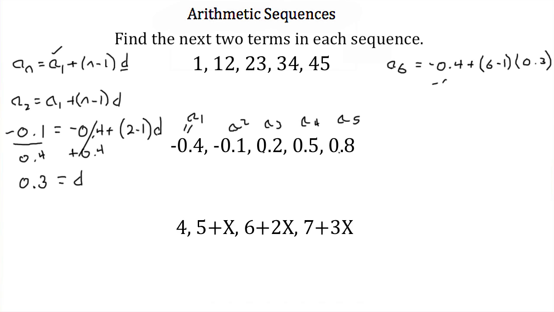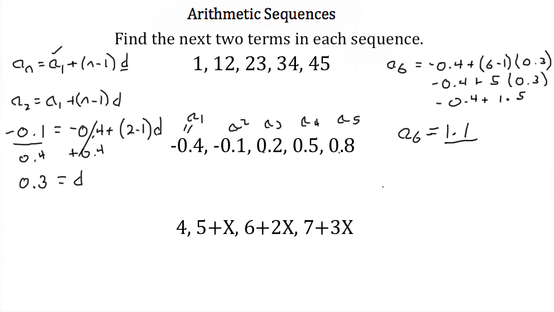So it's negative 0.4 plus 5 times 0.3. Well, 5 times 0.3 is 1.5 plus a negative 0.4. So our sixth term, or A6, is equal to 1.1.